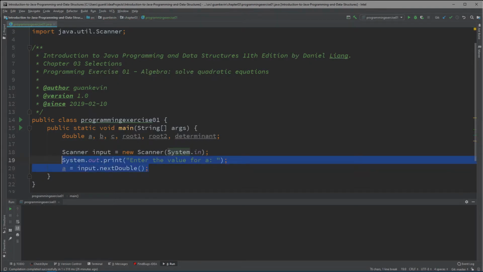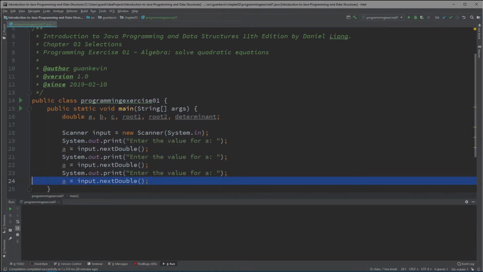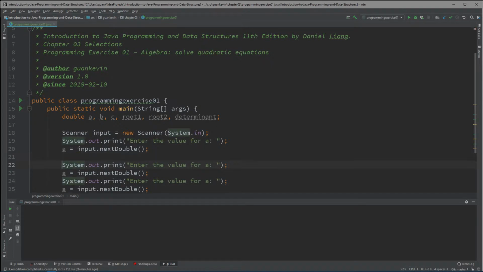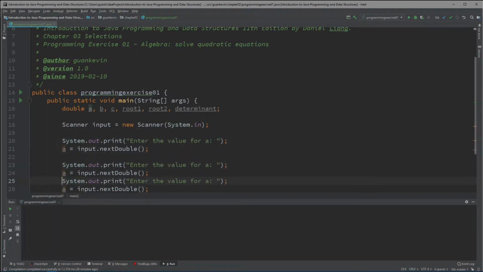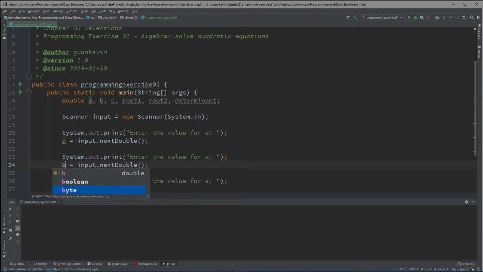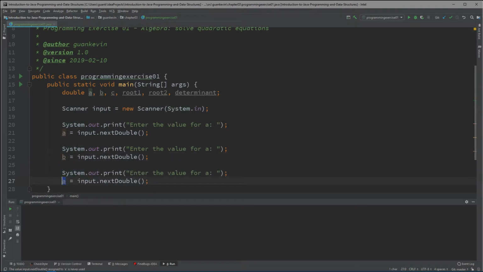Okay, we're going to do this for A, B, and C. Let's space it out so it'll be easier to see. This will be B, and this will be C.